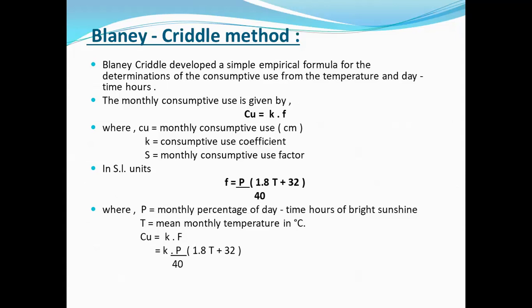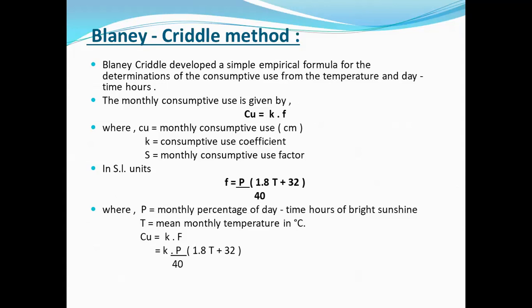The monthly consumptive use is given by the equation Cu equals K multiplied by F, where Cu is the monthly consumptive use, denoted in centimeters, K is the consumptive use coefficient, and F is the monthly consumptive use factor.